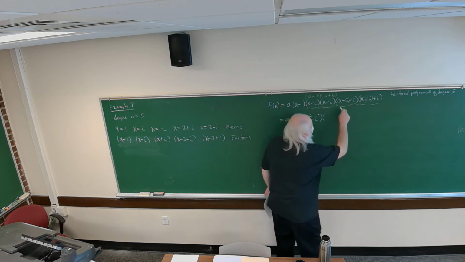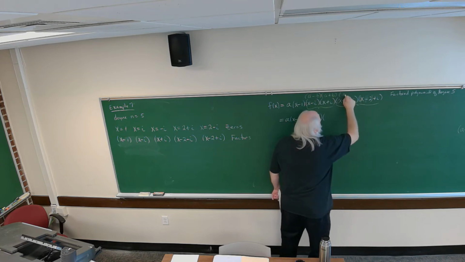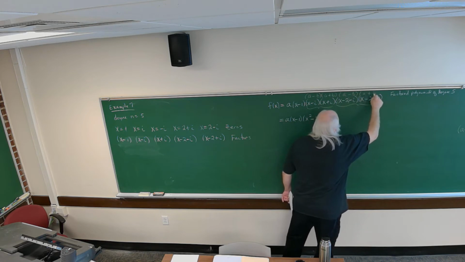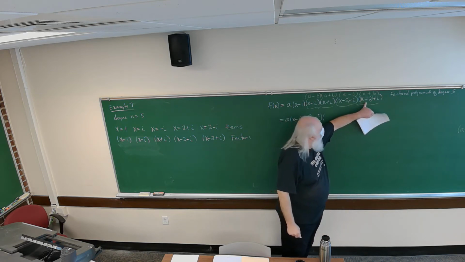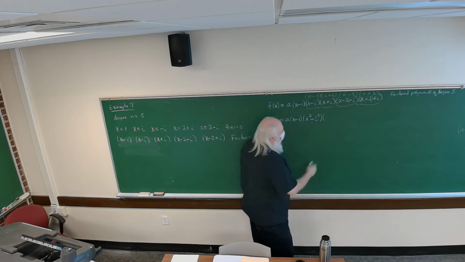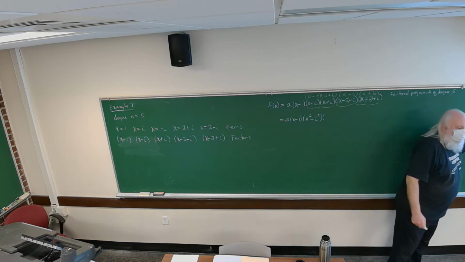But now, when I put parentheses around the x minus 2, the product of these two factors is of the form a minus b times a plus b, where a is equal to x minus 2 and b is equal to i. Okay? And so when I multiply those out, I end up with a difference of squares. Okay?